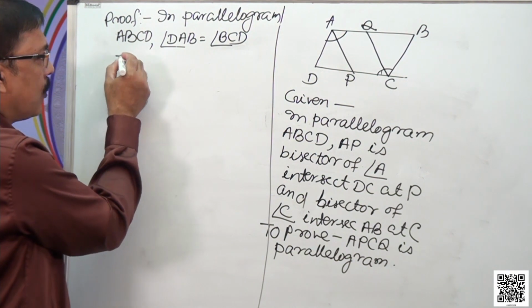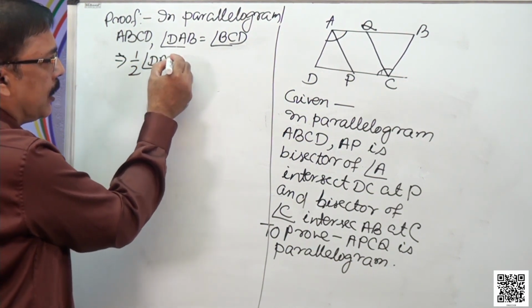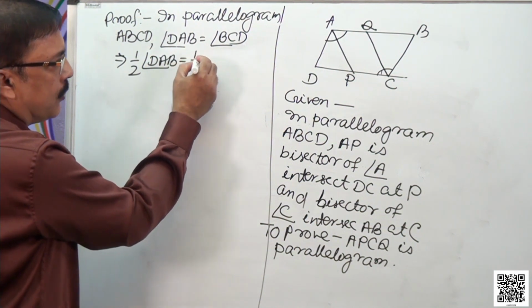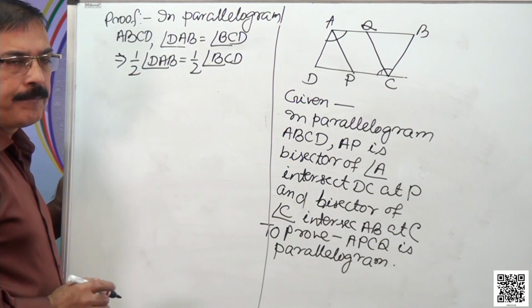And so half of angle DAB is equal to half of angle BCD.